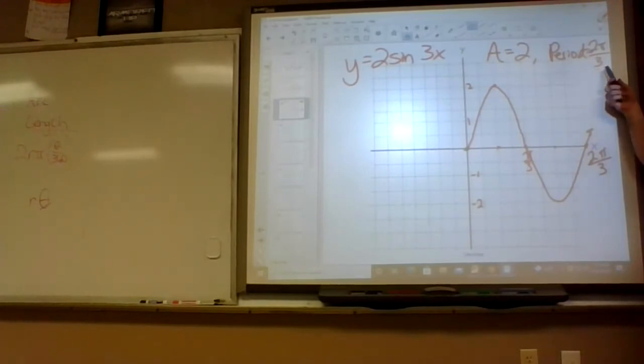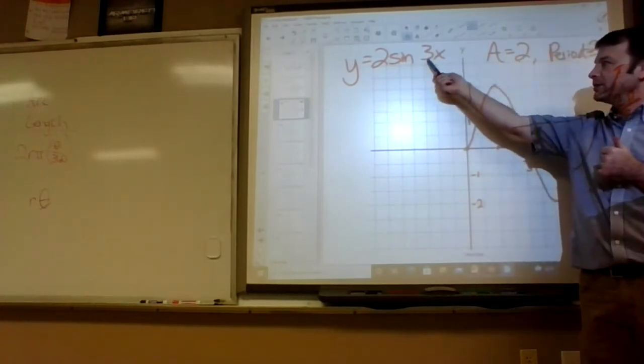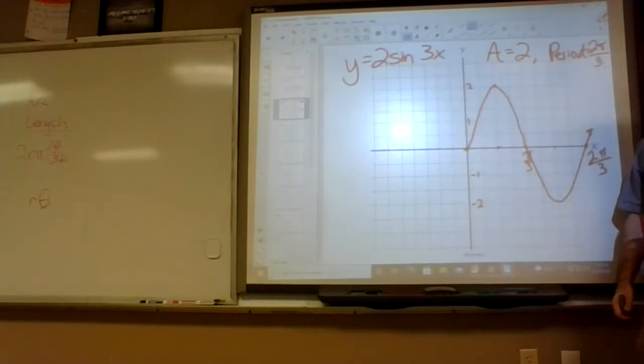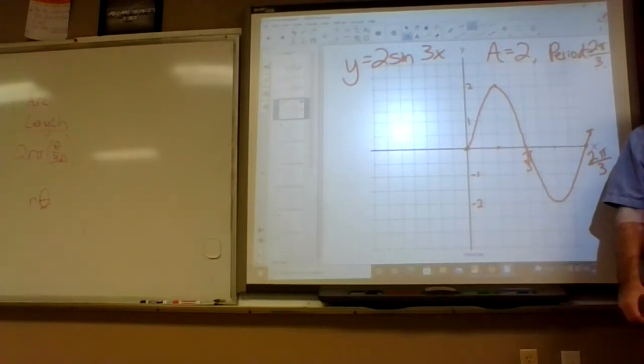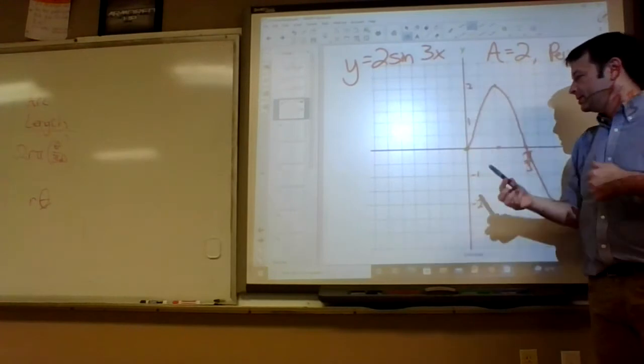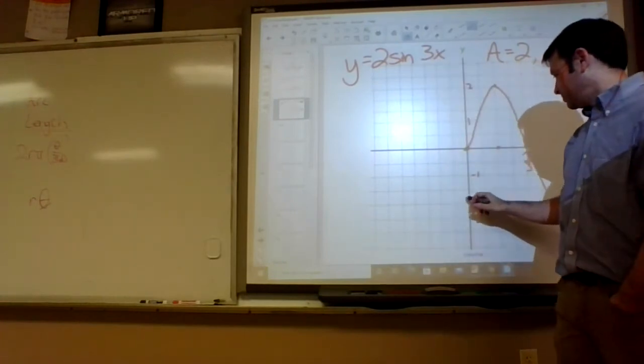Basically, you do 2 pi divided by that every time. So if the number was 7, it'd be 2 pi over 7. Yes. Last year I tried to write this as a formula, and the formula just always confused people. So I think it's better to just think of it: normally it's 2 pi, so just do 2 pi divided by 3. All right, and then I'll just do the mirror image over here.